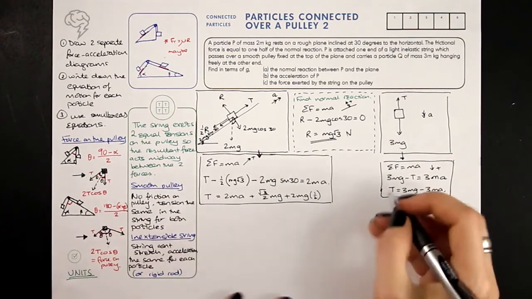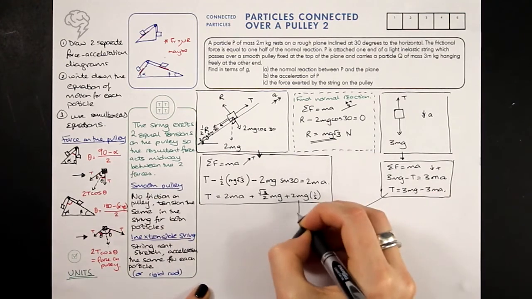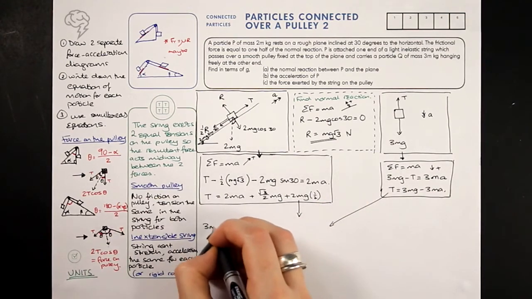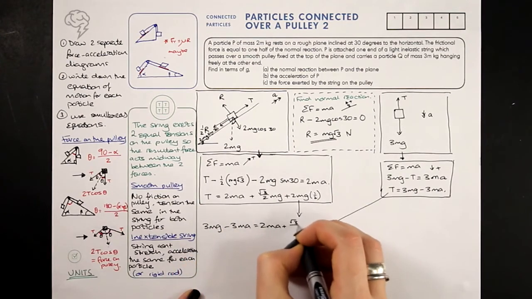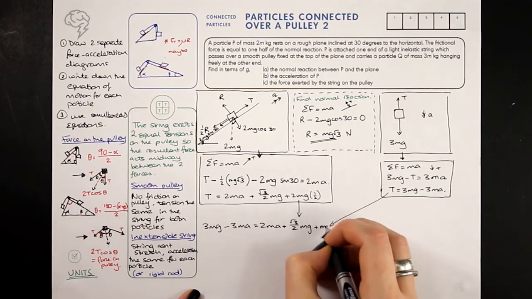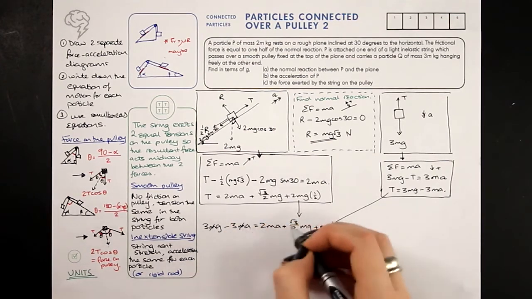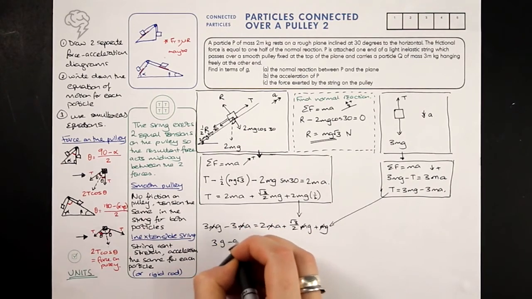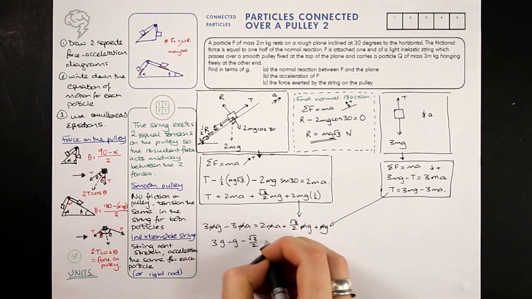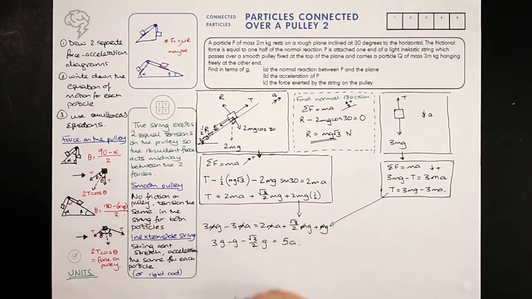They're both equalling T, so I can bring these together. I'm going to do it over here like this. Now, as happens a lot, these m's are going to cancel. And then we can write it like this. And it's pretty easy to get it this far.